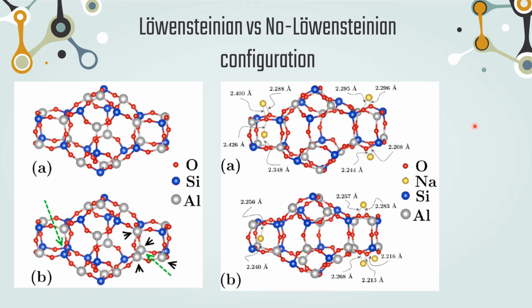Additionally, it is observed that on average, the sodium-oxygen bond distances are relatively smaller in the case of the non-Löwensteinian configuration. So interestingly, our results show that the non-Löwensteinian configuration is energetically more favorable, as similar previous work also shows.